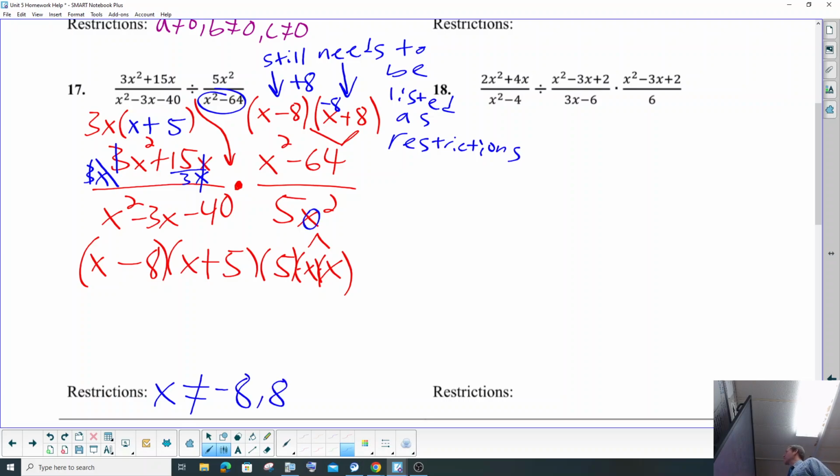A 0 also, because when you flipped it, it came into the bottom there, so a 0 would also be bad.